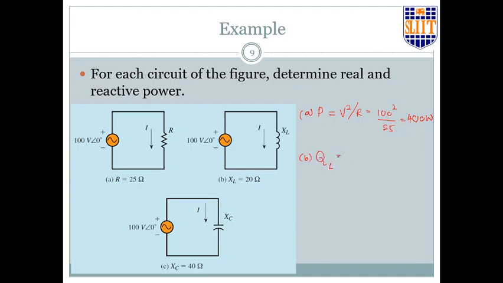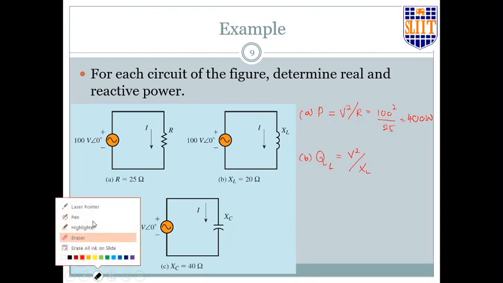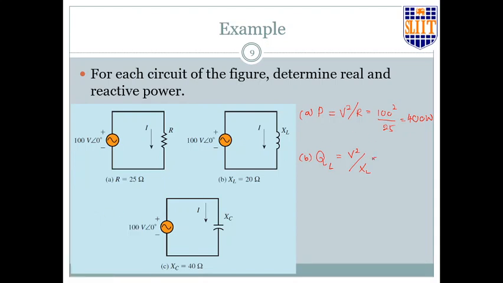So QL is equal to, again we know the inductive reactance and the voltage, so we can use V squared over XL. I had to correct this, it's just V squared over XL, right? What is V squared?